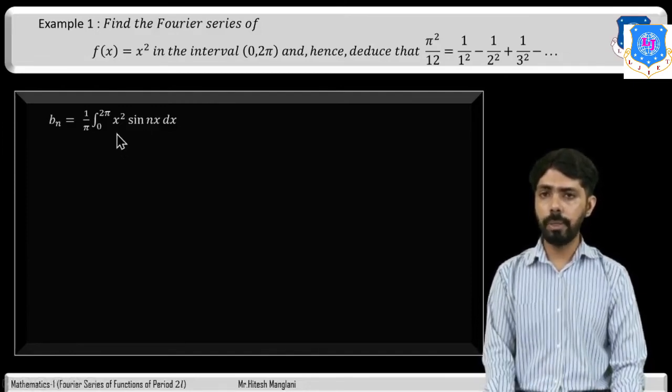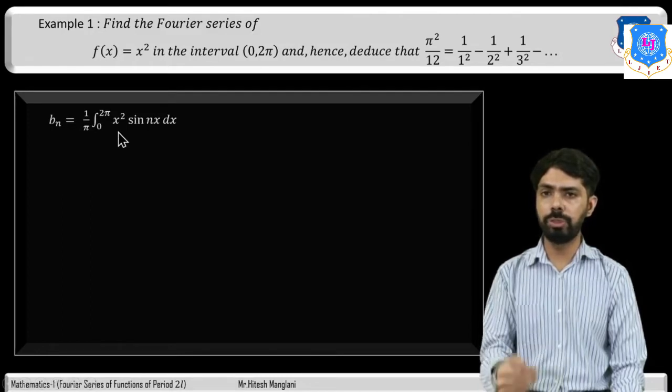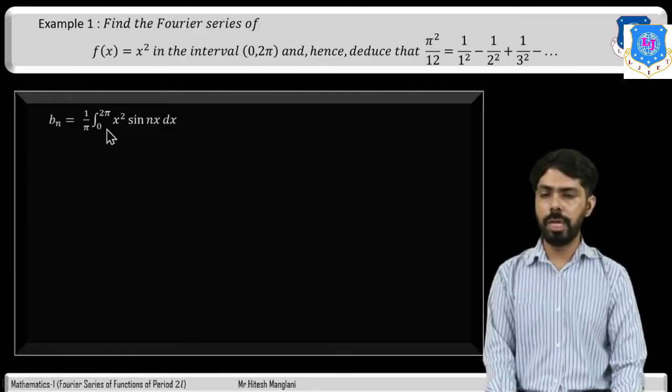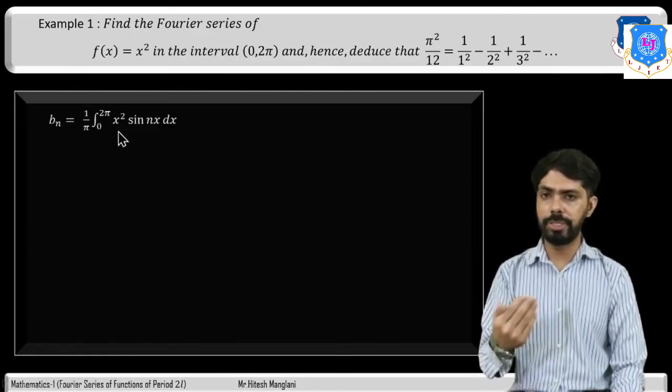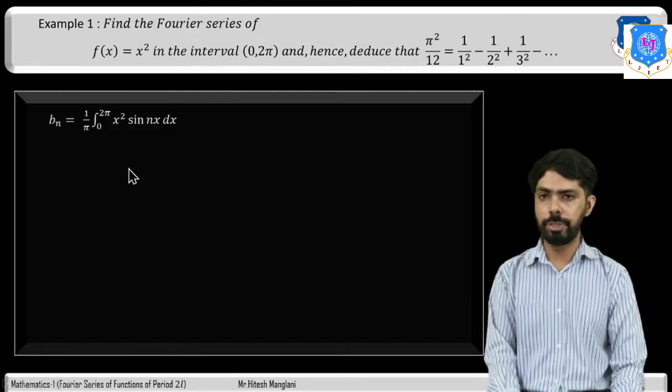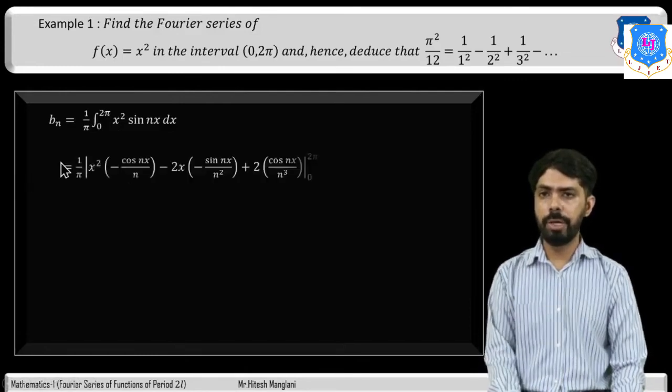First of all, we will have to choose the function such that its successive derivative is 0. So here we will choose x square, because its successive derivative is 0. So 1 divided by pi in bracket, first of all x square will be as it is, and we will integrate sine nx.